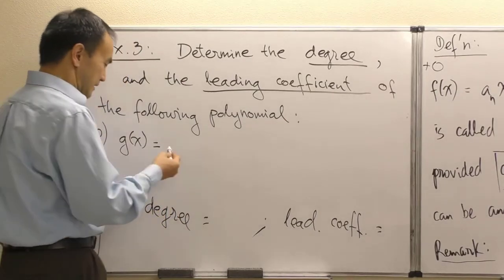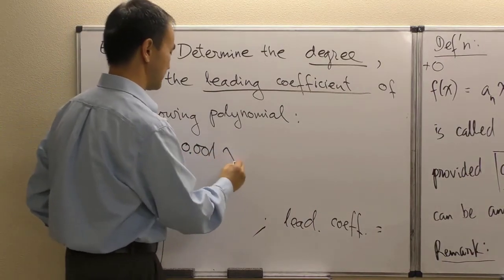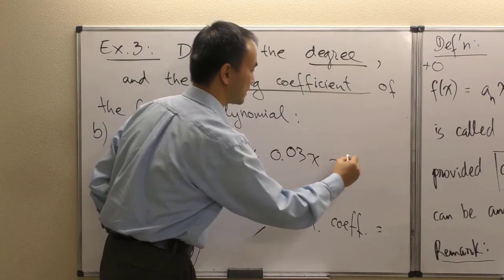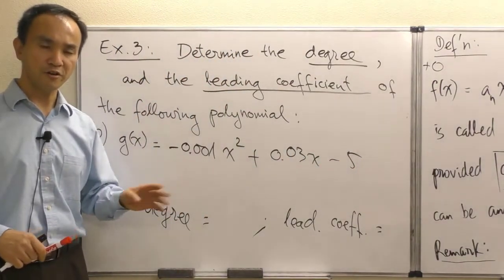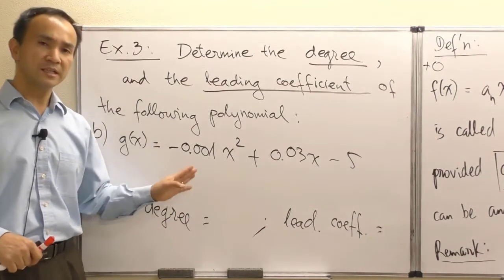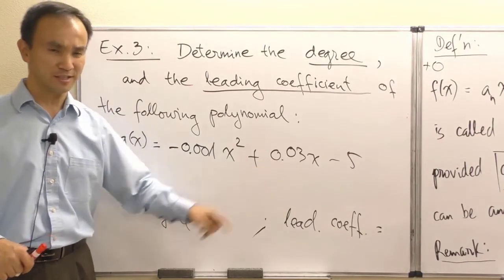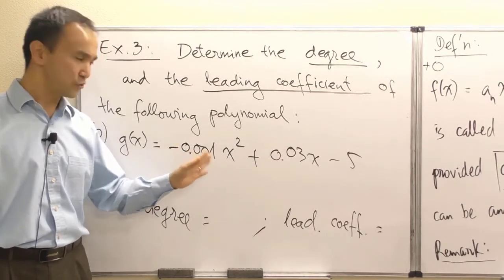So how about negative 0.001 x squared plus 0.03x minus 5. It's a polynomial in general form. I purposely put in the case where your coefficients appear to be nasty decimals like this, but we just pay attention to the general form.